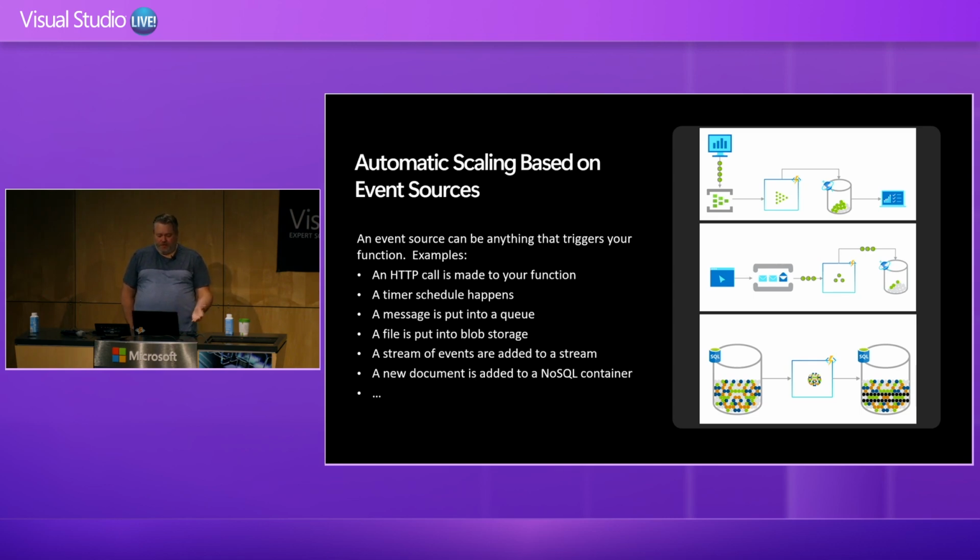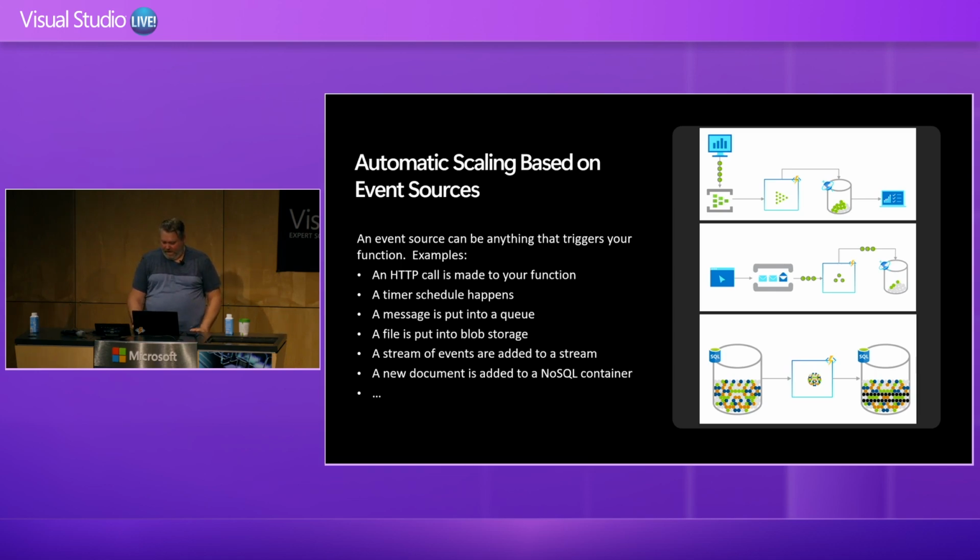A message is put into a queue, a file is put into blob storage, or your Event Hubs or Kafka gets a stream of events coming in, or even for databases, there's the change table and change trigger that you can do. A document is added to NoSQL, or a row is added to a SQL Server table, for example. All of those can be events that then trigger your function.